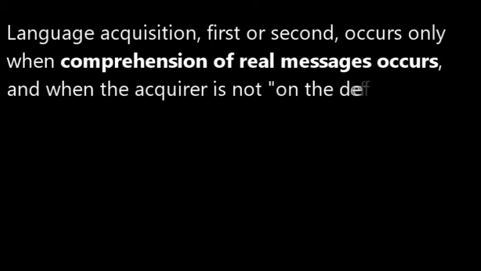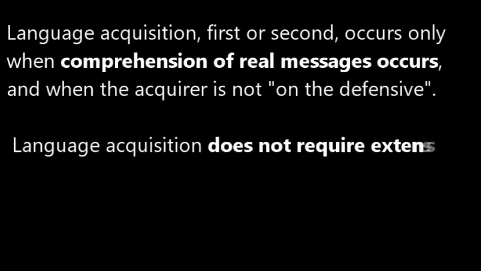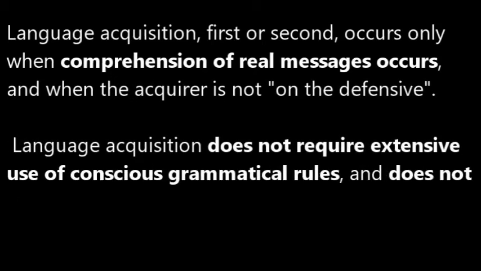Now, we move on to what the three approaches have to say about method. What current theory implies, quite simply, is that language acquisition, first or second, occurs only when comprehension of real messages occurs, and when the acquirer is not on the defensive.